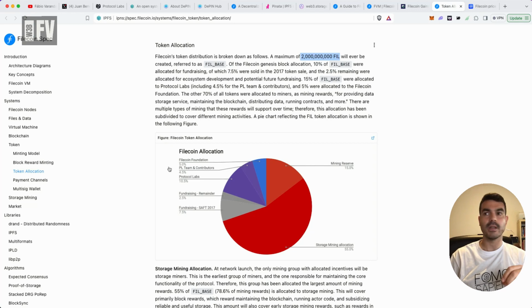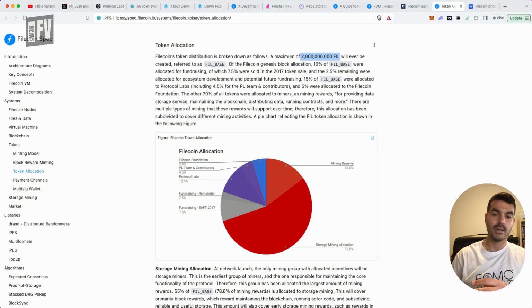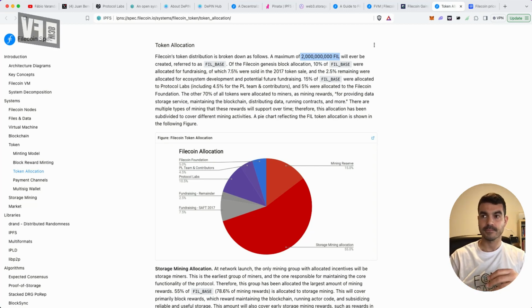We can also see that the team has 20% of tokens and 70% is for the miners. There is a token burning system related to network fees or fines related to miners failing to fulfill their commitments. This burning system means that we have a deflationary token here in the long term.